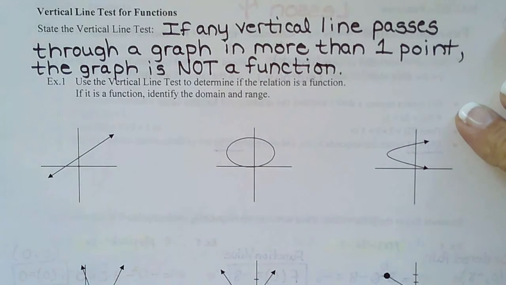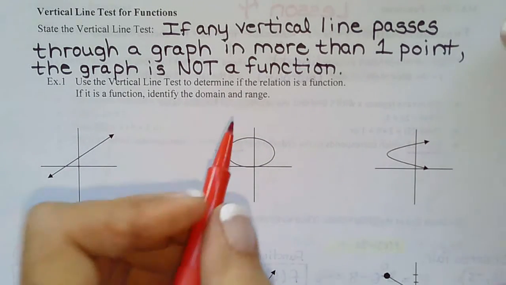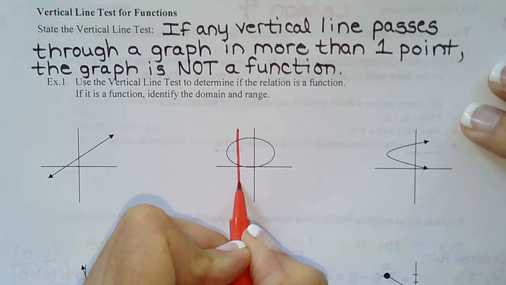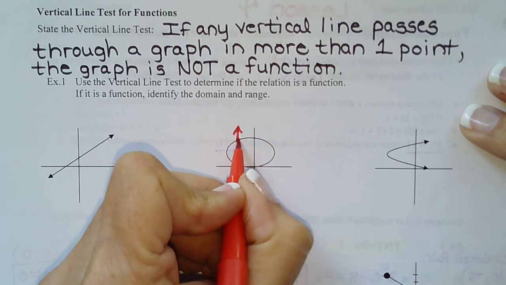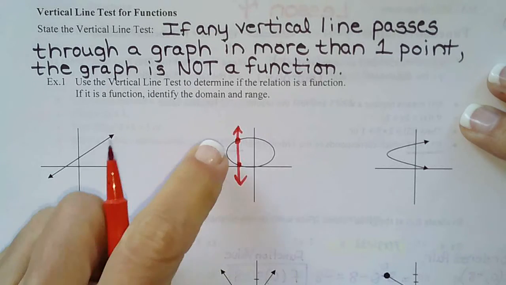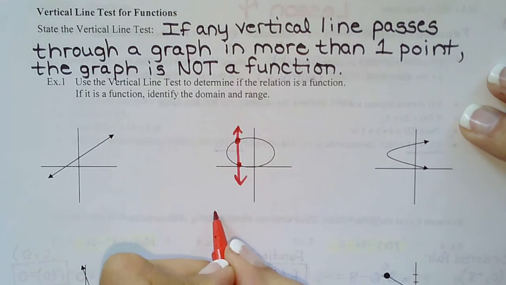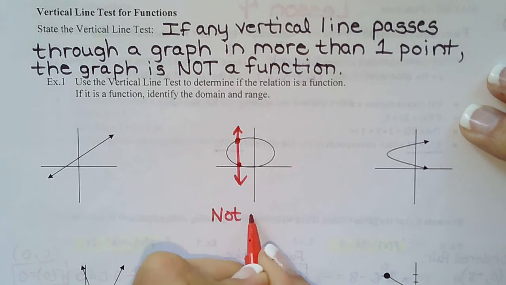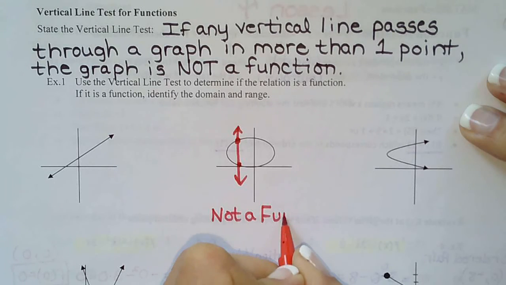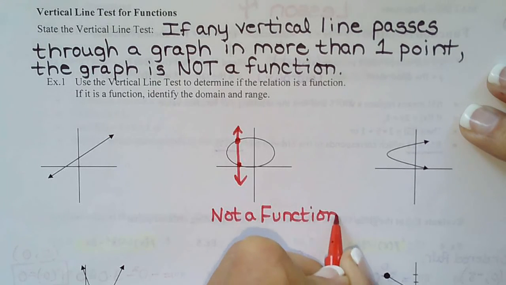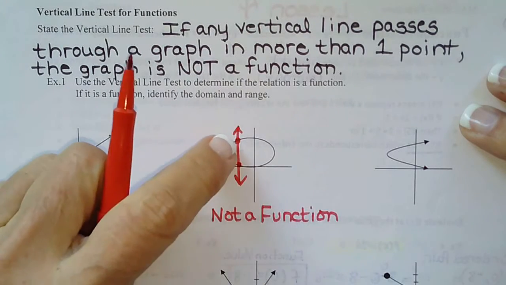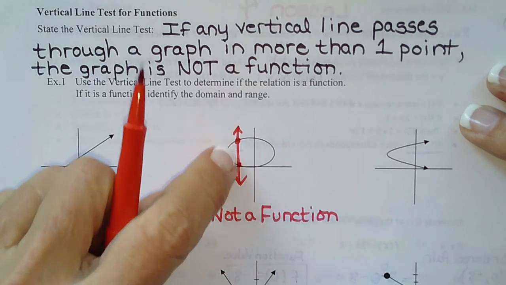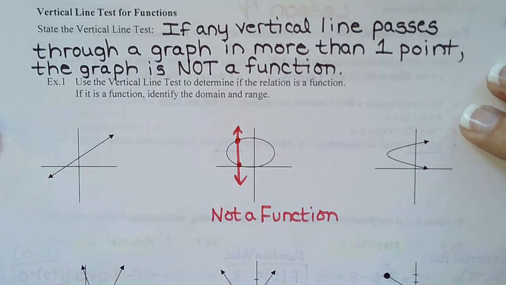So let me show you with this ellipse down here. I'm going to pass a vertical line through the graph, and the graph is whatever picture is drawn on there. If it intersects in more than one point, 1, 2, then it's not a function. If it only intersects at once, then it is a function. We don't count the axis. We just look at the graph. It intersected that ellipse or oval in 2 spots. So it's not a function.